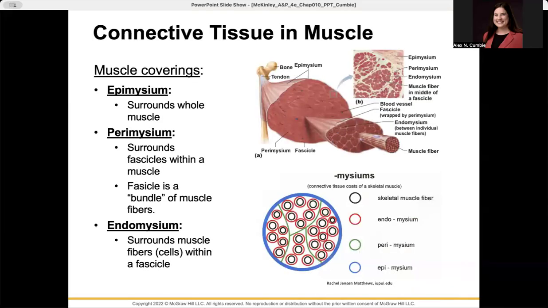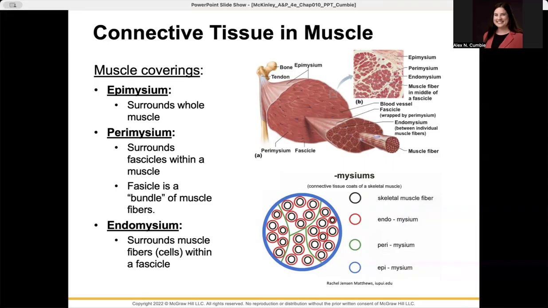So for those membranes or coverings of connective tissue, I have two renditions. This is a blown up picture of what we just looked at on the previous slide, and then this is a nicer cartoon picture to show that relationship. For these coverings, we had already learned something similar in the bone or skeletal chapter, where we have coverings on the inside and outside of the bone.